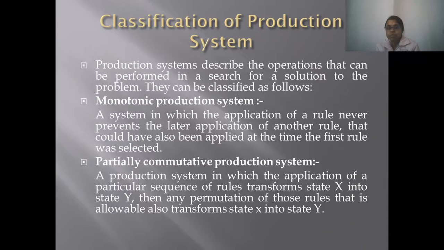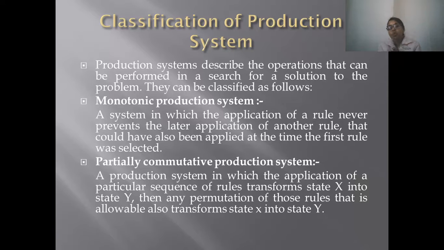What do I mean by this monotonic production system? Monotonic means a system in which the application of a rule never prevents the later application of another rule that could have also been applied at the time the first rule was selected.